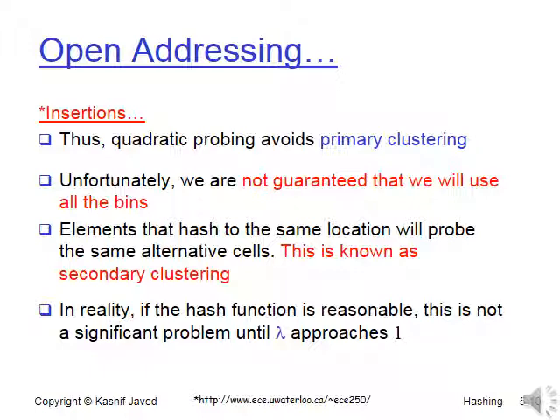In reality, if the hash function is reasonable, this is not a significant problem until load factor lambda, which is total number of entries divided by the table size, approaches 1, when many keys are hashing to the same index of the hash table.